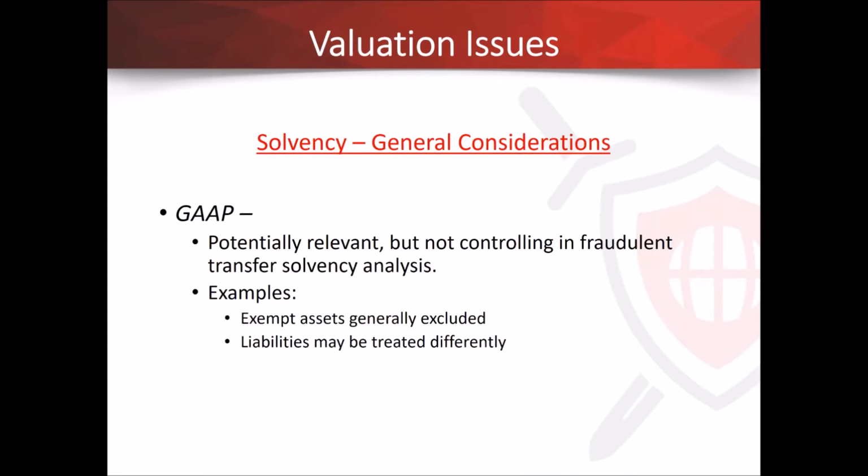And the reason for that is generally that the judges don't want to be told how to interpret the law, not by accountants, not by the authorities that promulgate GAAP rules, but instead the courts want to make that analysis on their own. So certainly they can consider GAAP and consider expert testimony and accounting analysis and financial analysis as potentially relevant, but the courts are going to make these final decisions.